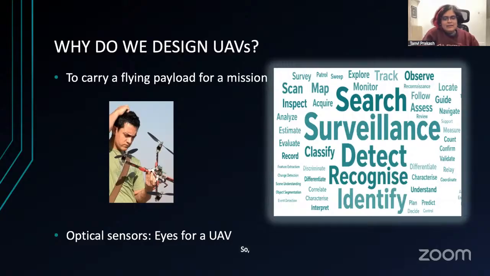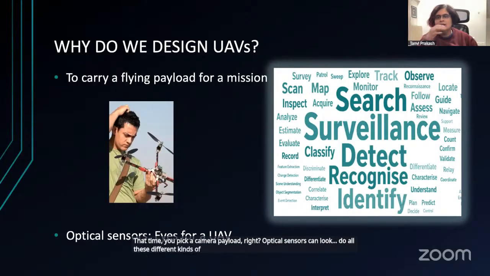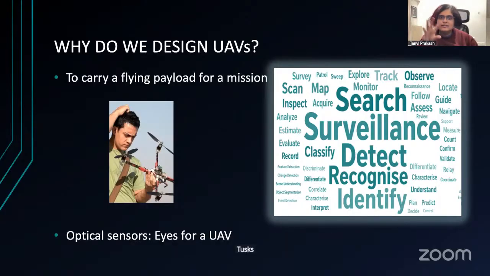Typically, when you have a need for eyes in the sky, that time you pick a camera payload, right? Optical sensors can do all these different kinds of tasks. You will hear these tasks as payload goals: surveillance, reconnaissance, identify, detect, recognize, differentiate, change detection.